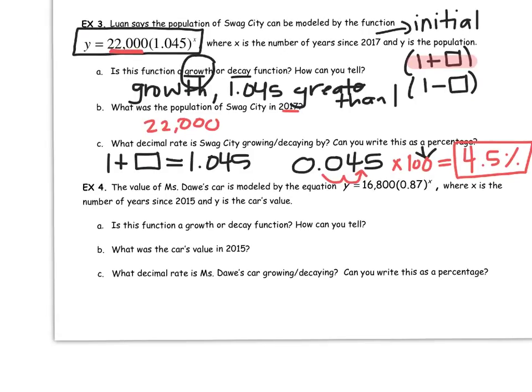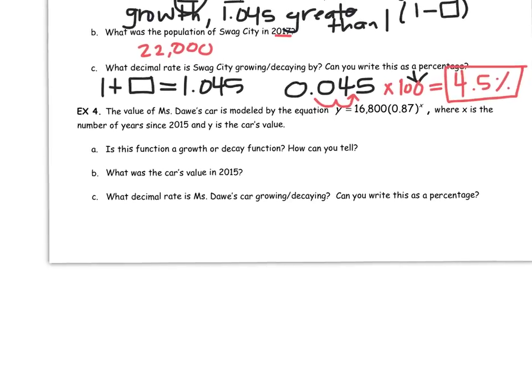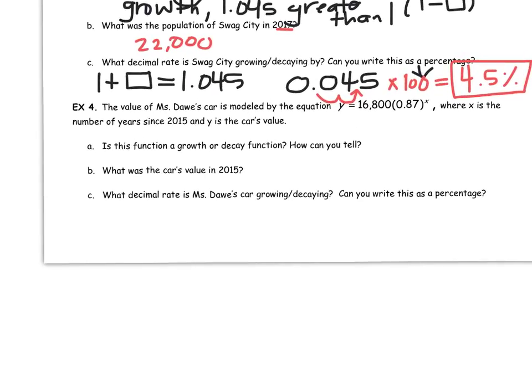The next problem is an example of decay, and decay can be a little bit trickier. So it says the value of Miss Dawes' car is modeled by, and it gives you an equation, and our equation is y equals 16,800 in parentheses 0.87 to the x, where x is the number of years since 2015, y is the car's value.